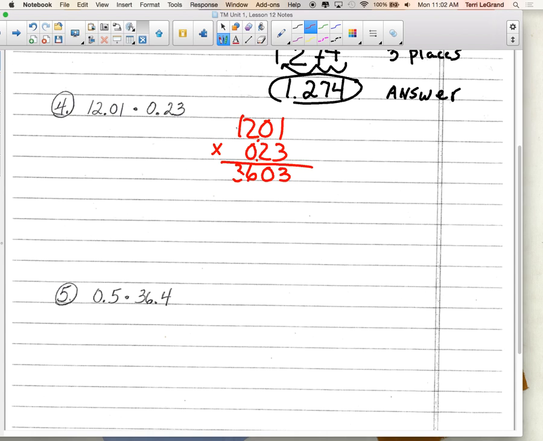Now, again, we can either put a 0 here or we can leave it blank. Your call. And now we start with the 2, and we multiply. 2 times 1? 2. 2 times 0? 0. 2 times 2? 4. And 2 times 1? 2. Started a new column, didn't we? Now we got 2 spaces, either leave them blank or put zeros in them.